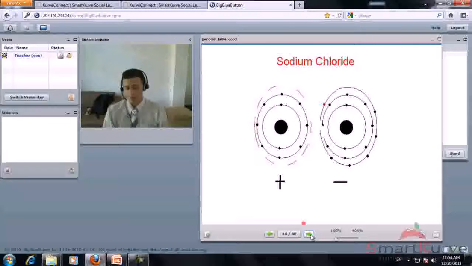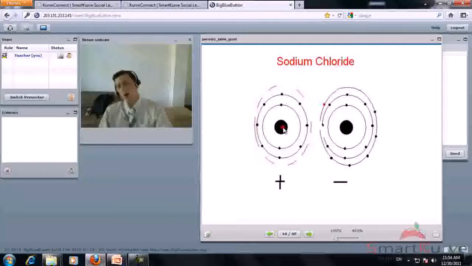Now remember, our protons have a positive charge, which we show with a plus, and our electrons have a negative charge, which we show with a minus. So now our sodium has lost an electron. So what is the charge like? Well, remember, we still have the same number of protons. We've got 11 protons. So that's like 11 plus.